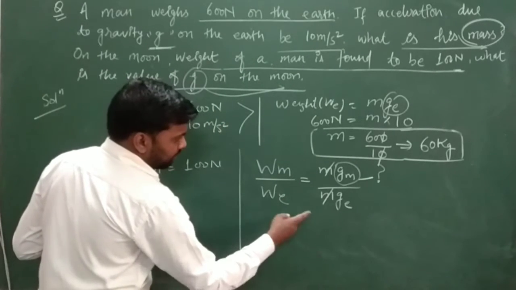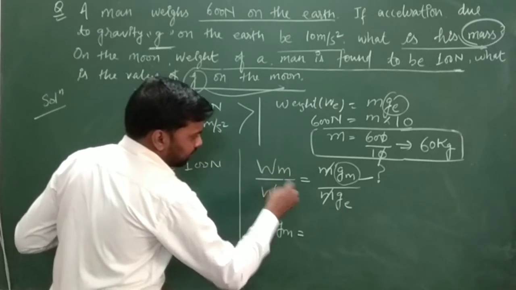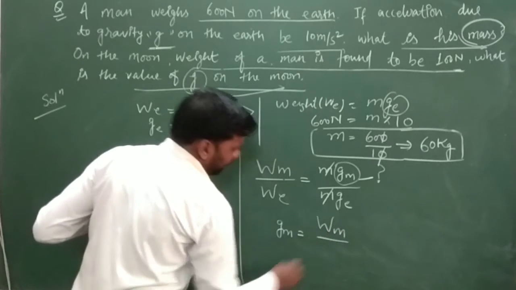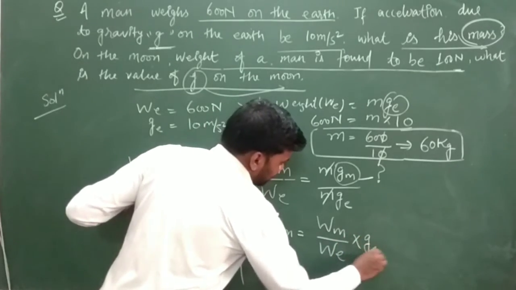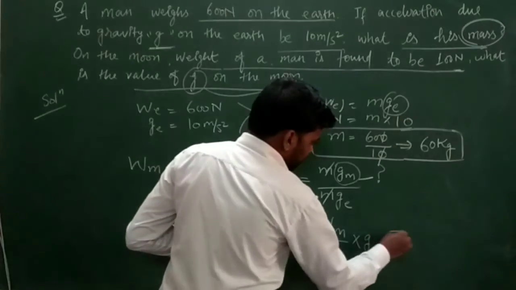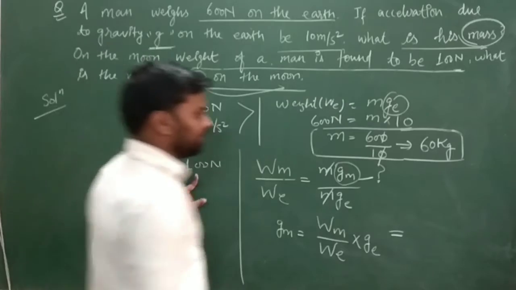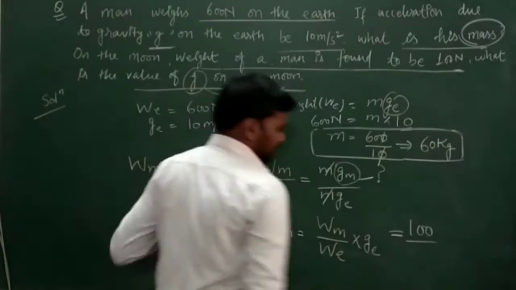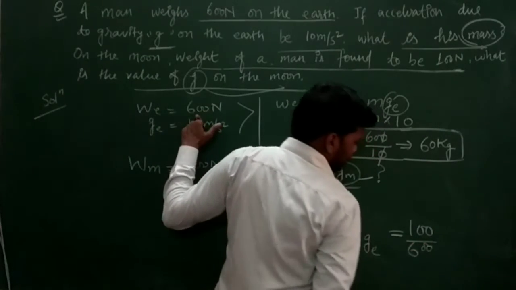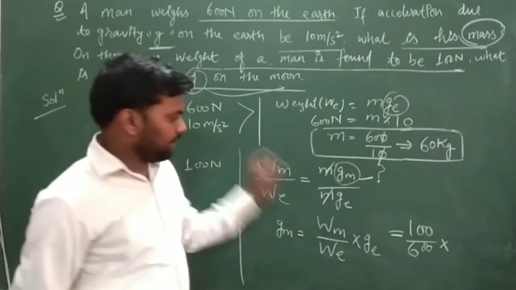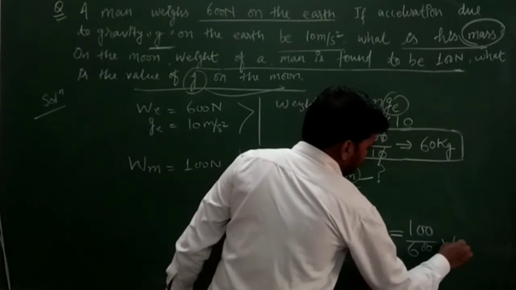So we can easily solve it, we will write it separately and ge will come to this side in the multiplication form, that is gm equals weight on moon upon weight on earth multiplied by ge. Now we can see here that weight on moon is already given, that is 100 Newton, and weight on earth is 600 Newton, multiplied by acceleration due to gravity on earth, the value will be 10.